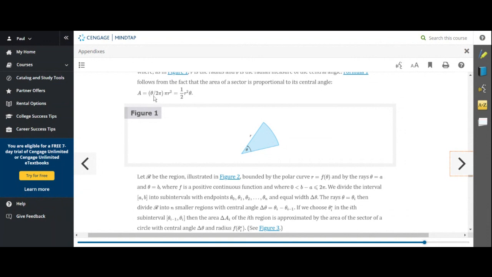So area equals 1/2 r squared theta. Has anybody maybe seen that in pre-calculus, or in their home schools? I'm not sure how well it's covered.